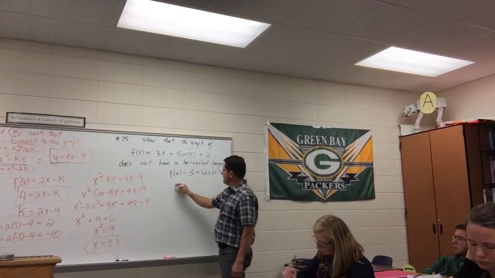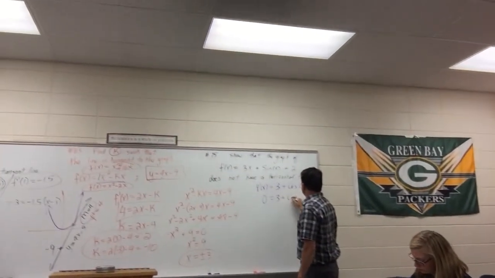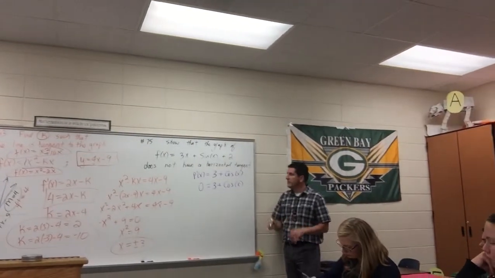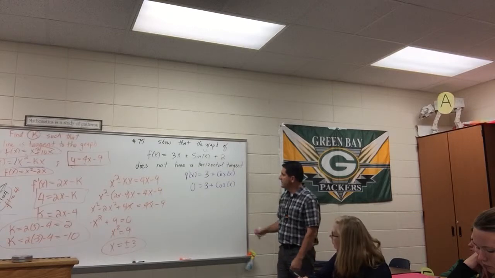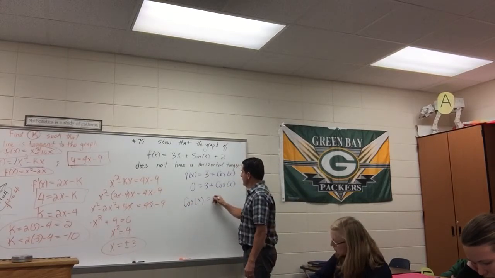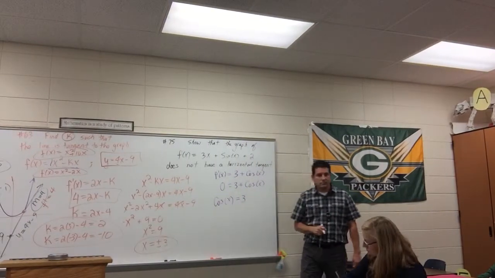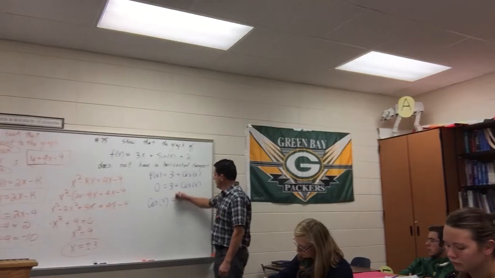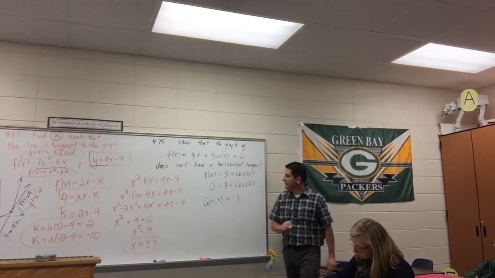Find the derivative and set it equal to 0. Then we're going to look for x values that would make the equation true. This would mean that the cosine of x is equal to negative 3.